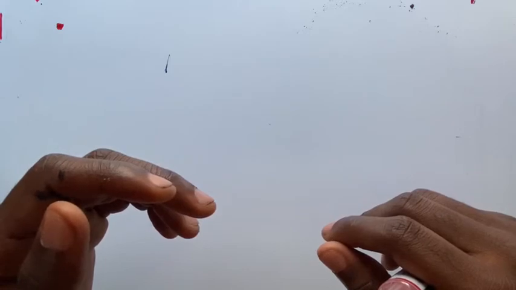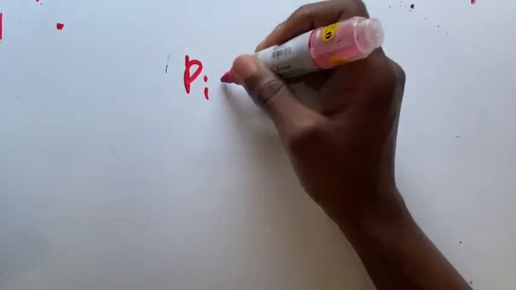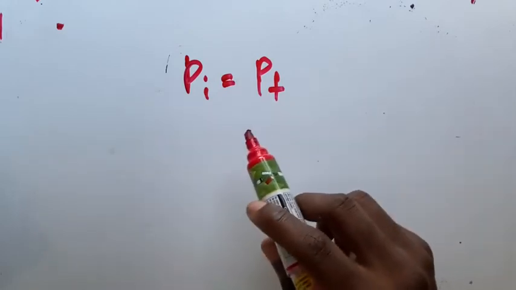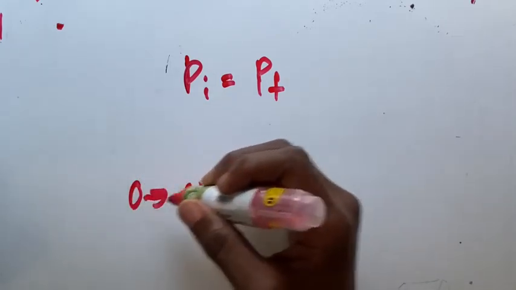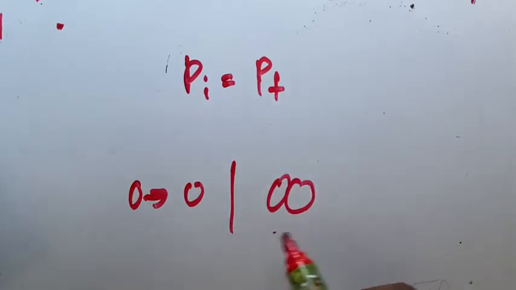So you can kind of think about this in terms of momentum, right? So when this gun is fired, we can use conservation of momentum. So the initial momentum is equal to the final momentum. And you can kind of think about this as an inelastic collision, where we know an inelastic collision is when we have two objects, they collide, then afterwards they're stuck together, right?